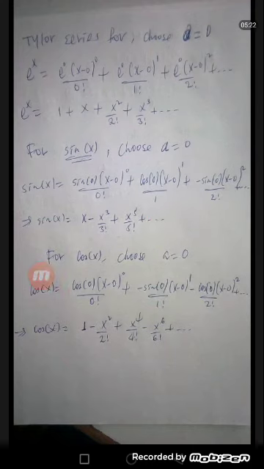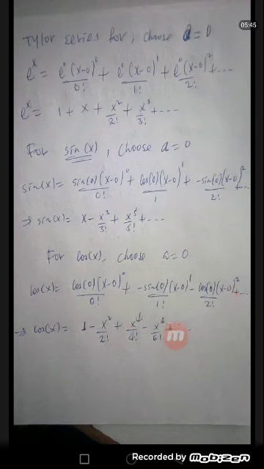It continues like this. For cos, choose a equal to 0. Cos x is equal to cos, the original function at 0, times (x minus 0) to the power of 0 over 0 factorial, plus the first derivative of cos, which is minus sine, so substitute 0, times (x minus 0) to the power of 1 over 1 factorial.